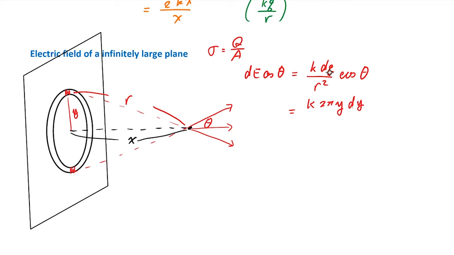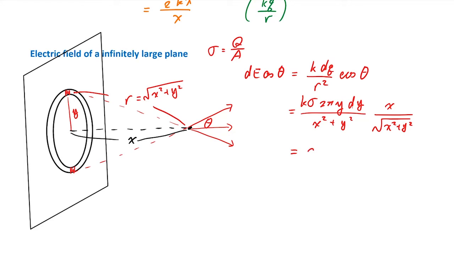I'm missing sigma. 2 pi k sigma 2 pi y dy is all of dq, over r squared, where r is the square root of x squared plus y squared. So we have x squared plus y squared here, and cosine theta is exactly the same as before, so we have x over r. Good. Okay, any question? You guys look puzzled. Are we good? Okay, let's clean this up, shall we?